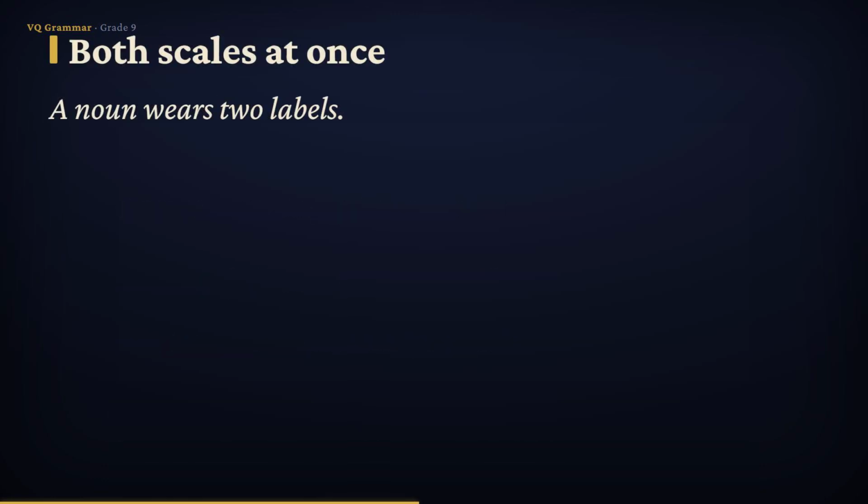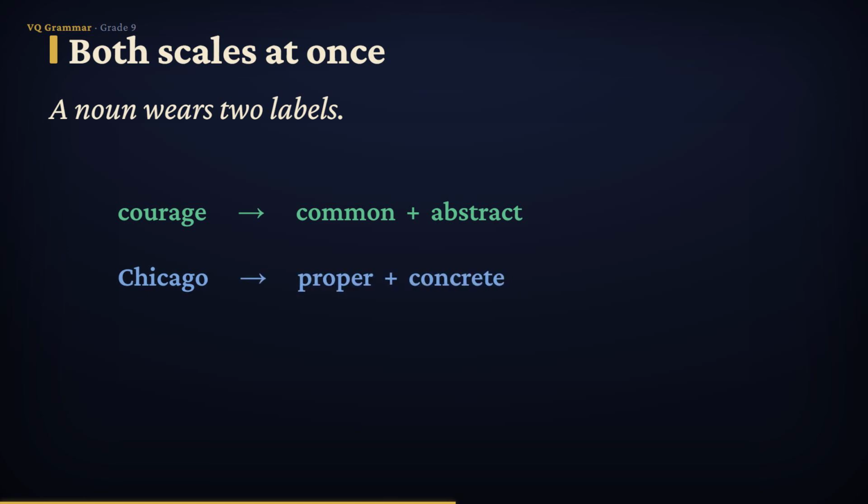Here's where it all comes together. Because the two scales are separate, every noun carries one label from each. Take courage. It's a general word, so it's common. And it's an idea, so it's abstract. Common and abstract. Now take Chicago. It's a specific city, so it's proper.